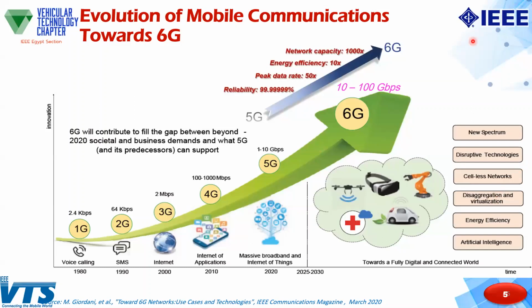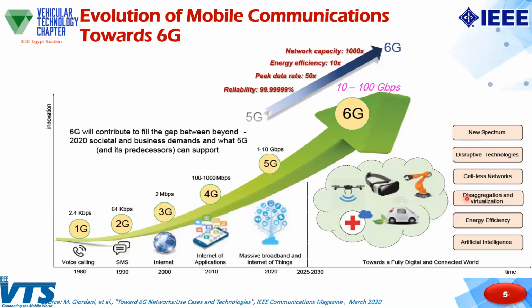So we have to talk about new spectrum needs, disruptive technology that can accommodate such enlargement in the capacity, as well as the reduction in the used energy. Cell-less networks, we are talking about femto cells or pico cells. Those will be very, very hot spots, not like a huge amount of cells or huge coverage cells.